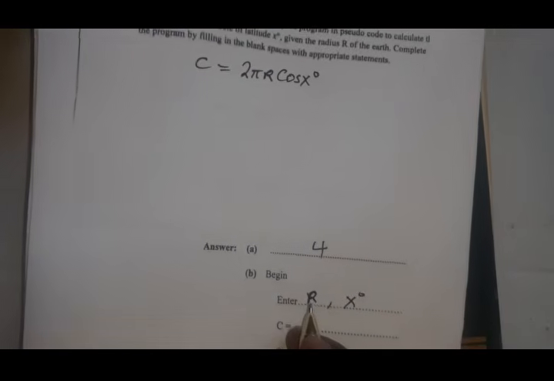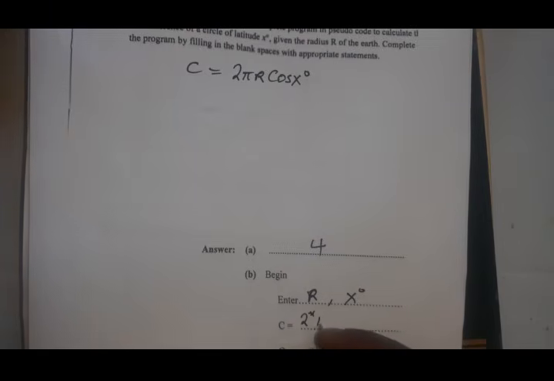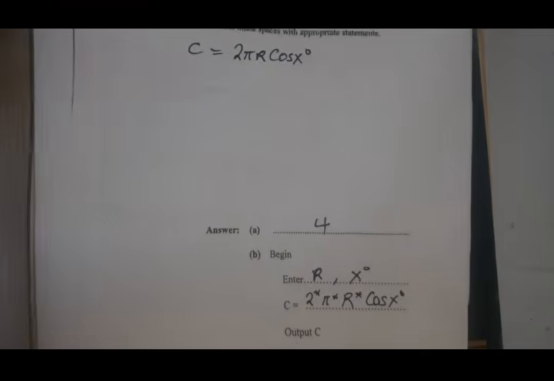Then for circumference, we'll be writing 2 multiplied by pi multiplied by r multiplied by cos x degree. Then that ends the program.